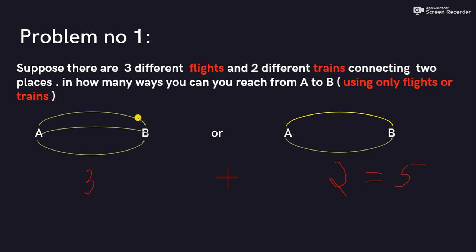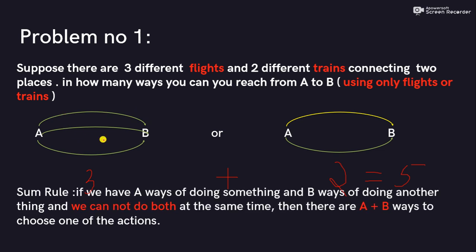Why? Because we are selecting one event. If we select this event, we cannot select the other. So by the rule of sum, if we have A ways of doing one thing and B ways of doing another thing, and we cannot do both at the same time, then there are A plus B ways of choosing one of the actions.